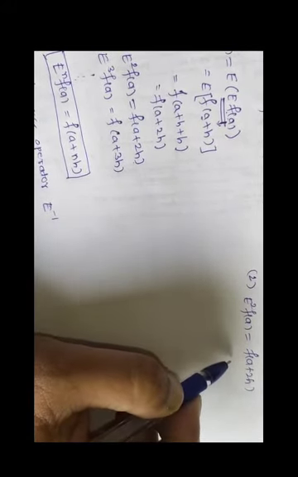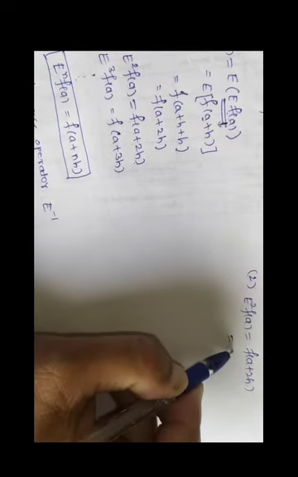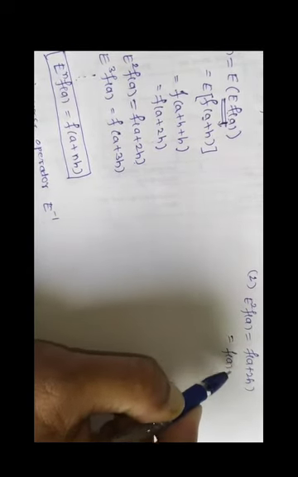Then I discuss the second point. E square f of a can be written as f of a plus 2h. And f of a plus 2h can be written as f of a plus 2 delta f of a plus delta square f of a.